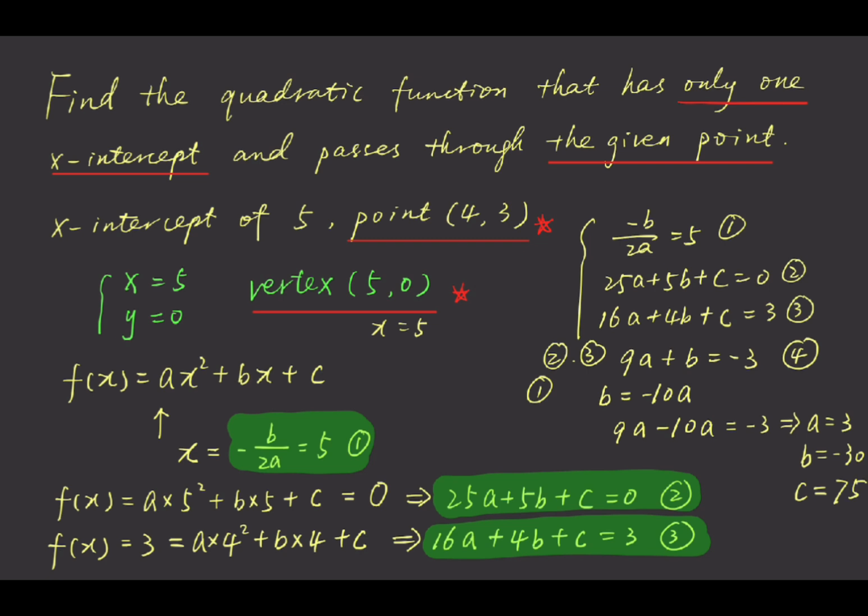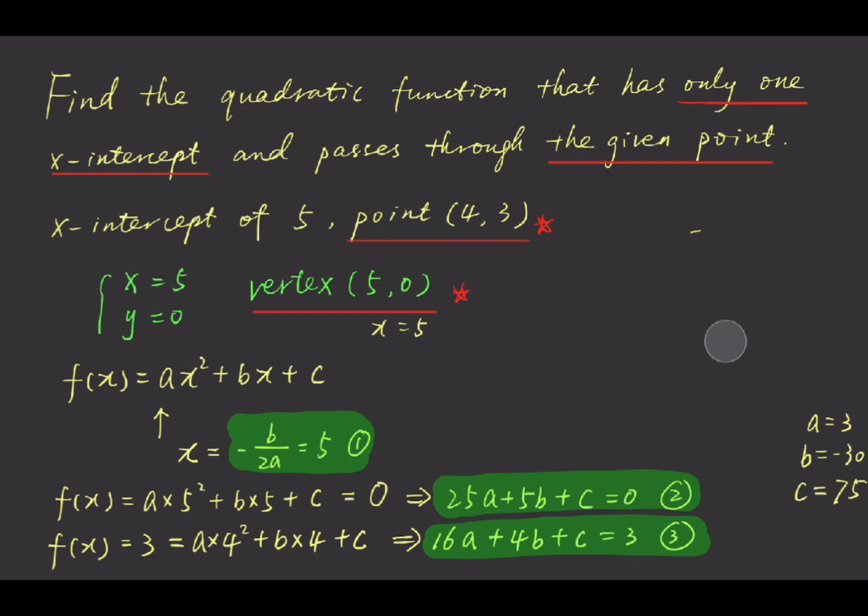Then we can write out the original equation: f(x) equals 3x squared minus 30x plus 75.